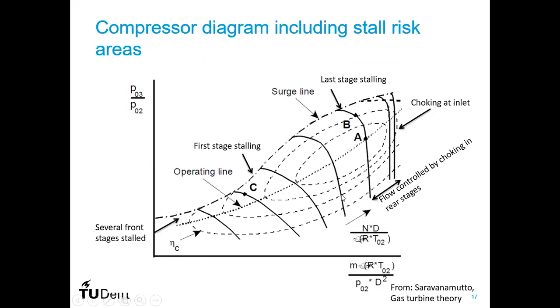So if you have a slightly different inlet temperature, you should work on a slightly different compressor map. That is the theoretical story.